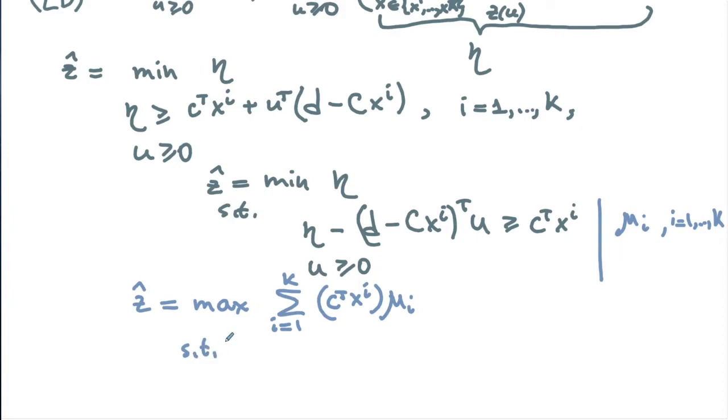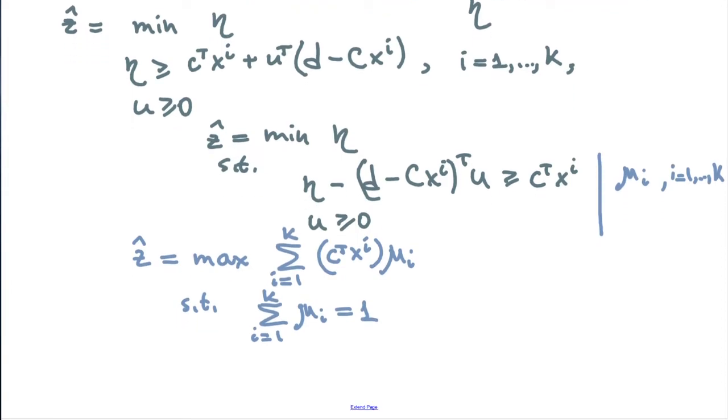And then the constraints will be, so the constraint for eta column will be the equality constraint because eta is unrestricted in sign, and the coefficient for eta in each of the constraints of this primal problem is 1, so therefore we'll have the summation of mu i's for i between 1 and k is equal to 1, which is the coefficient for eta in the objective, and for the remaining constraints they will correspond to the non-negative primal variable u's here, and the coefficients are given by negative (d minus Cxi).